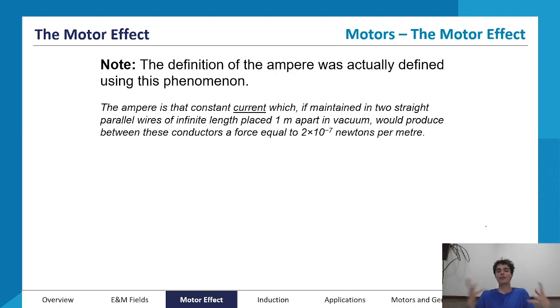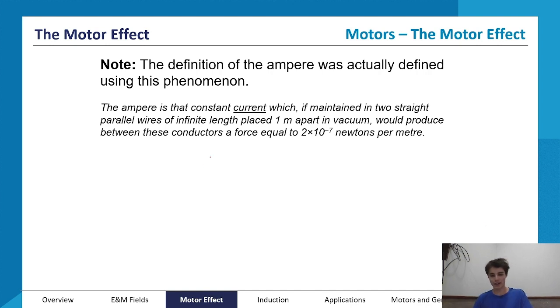The ampere is that constant current which, if maintained in two straight parallel wires of infinite length placed 1 meter apart in a vacuum, would produce between these conductors a force equal to 2 times 10 to the negative 7 newtons per meter. That's all to say, it's the current that, if you have two wires a meter apart, would give you a force of 2 times 10 to the negative 7 newtons per meter.